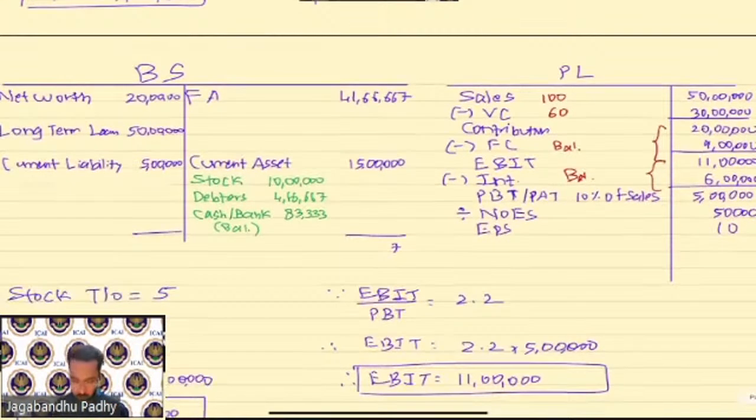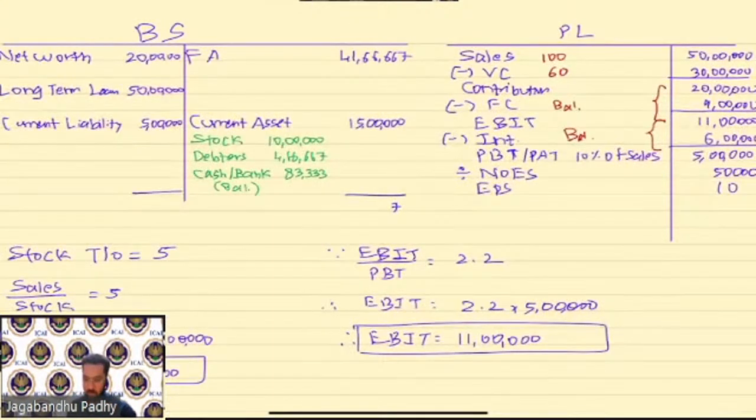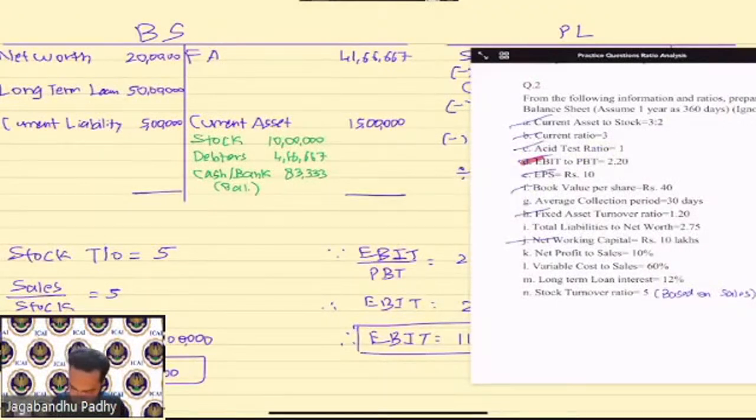Okay, so finally we're getting net worth as 20 lakh. Just check if there's any other ratio left out. We have used average collection period. Total liabilities to net worth is used. This is used, this is used, all the ratios are used.